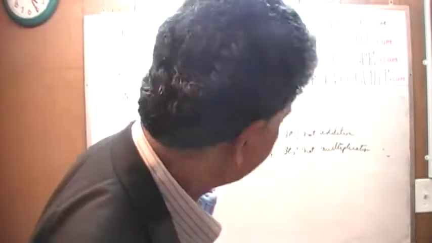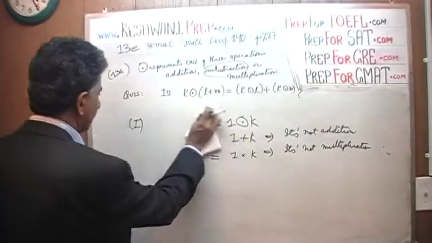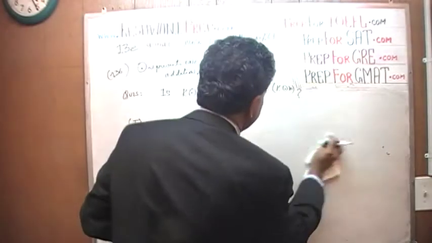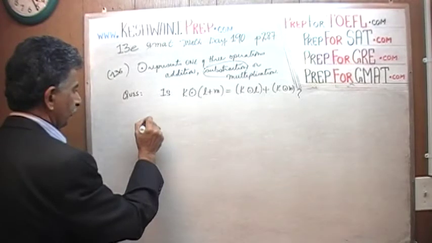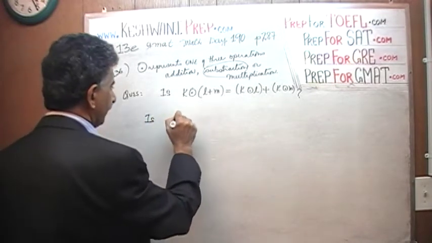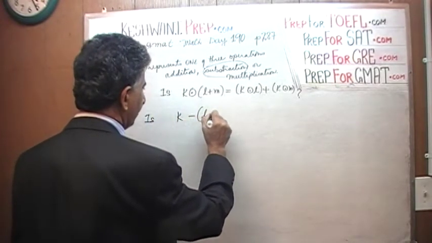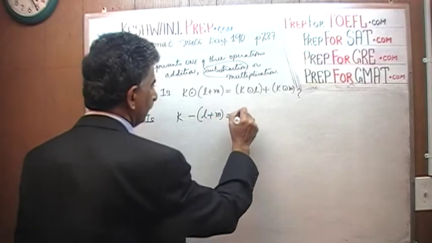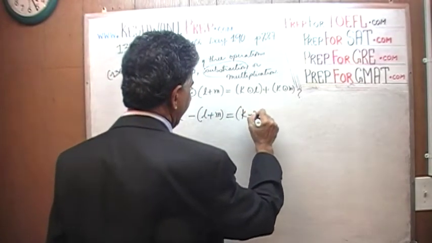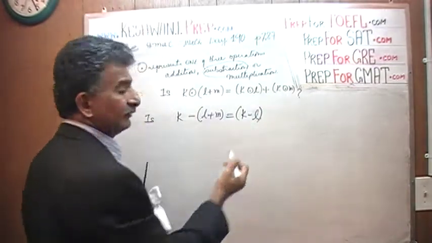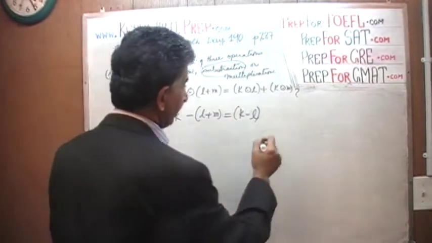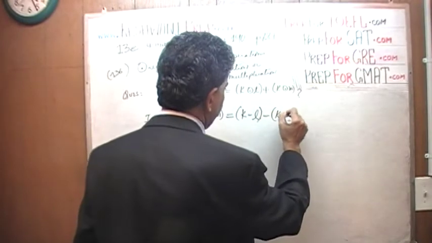Let's answer this question here. So the question now is, is k minus (L plus m) equal to (k minus L) minus m? Wherever we see this dot with the circle, we have to replace it with the minus sign.